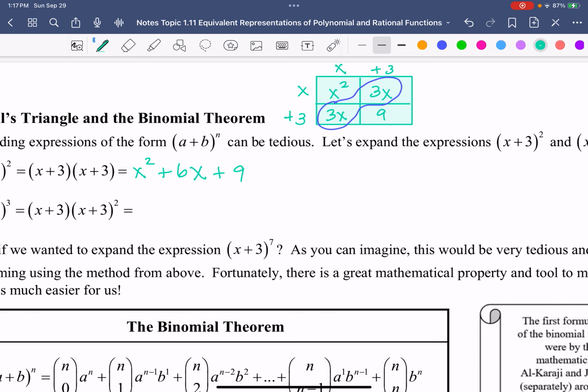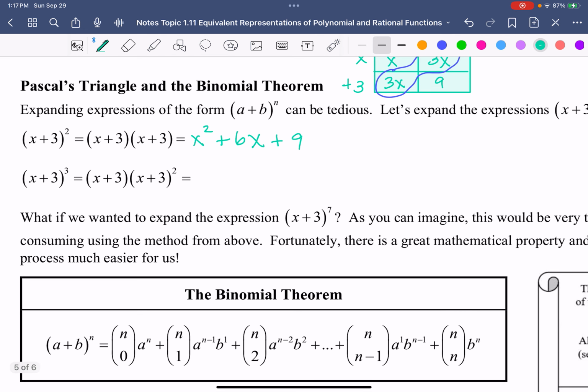Okay, now let's do x plus 3 cubed, which is the same thing as multiplying x plus 3 by itself 3 times. But we did already do it 2 times, right? So it's kind of the same answer as what we had earlier. So all we need to do is multiply it one more time by x plus 3, because we already did x plus 3 times x plus 3.